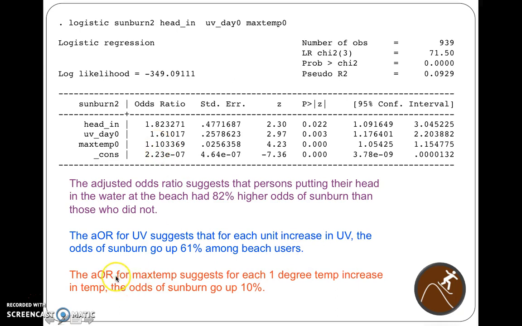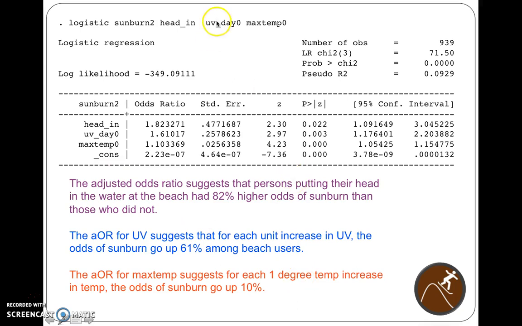For temperature, for each 1 degree temperature increase, the odds of sunburn go up 10.3369%. The odds go up 10.3% for each 1 degree, or 1 unit, increase in temperature.